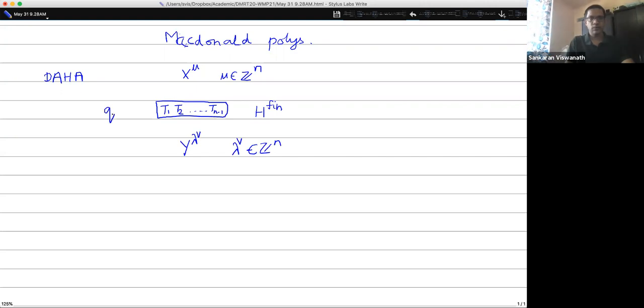There was also a central element Q. And the key thing here was the polynomial representation of the DAHA, which is the following. We fix q and t to the power half as generic non-zero complex numbers.